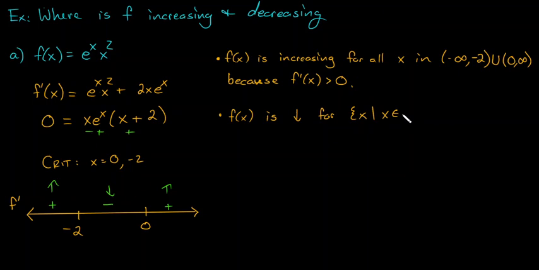Where is it decreasing? -2 to 0. You can write it either way. I like the mathy notation. It's shorter. Why? Ooh, not f of x. F prime of x is less than 0.